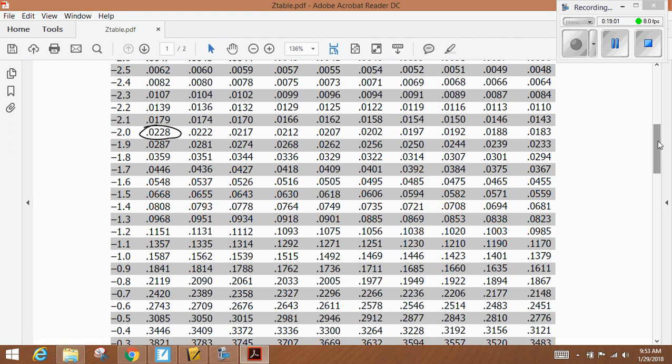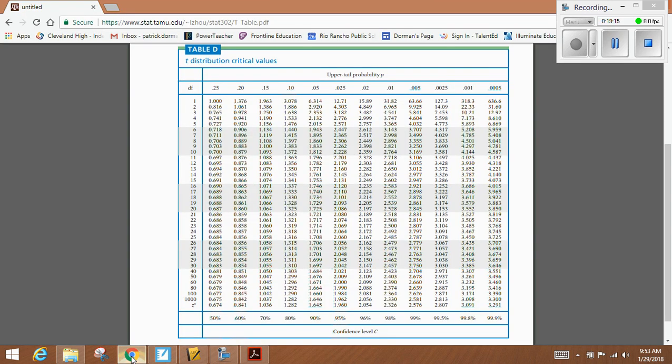So in order to get a better value, we are going to instead use a t-table. So we get a new table. It is in the back of your book, and I'll print them out for you guys. And it's this one.